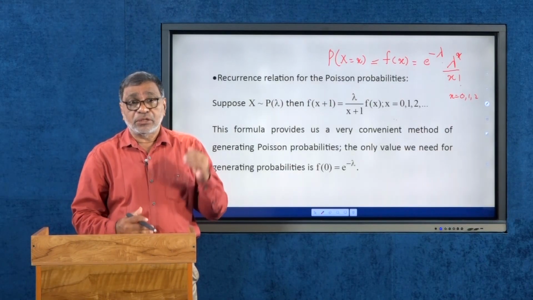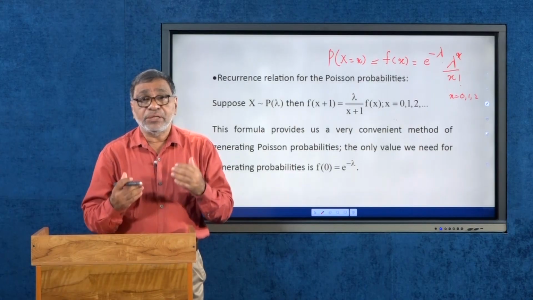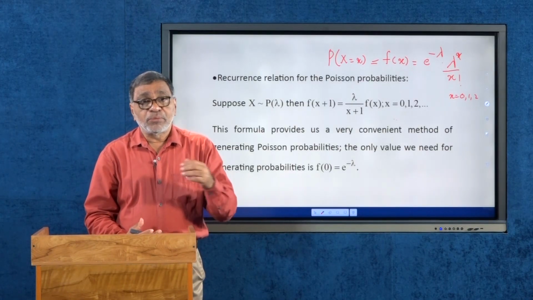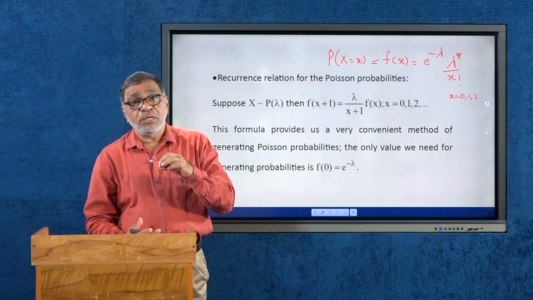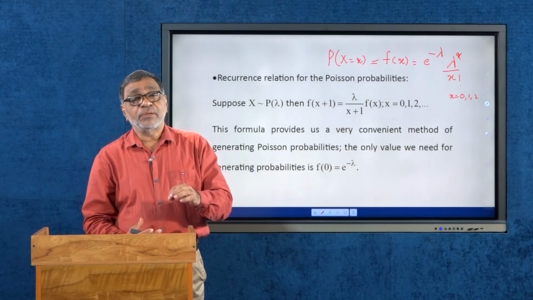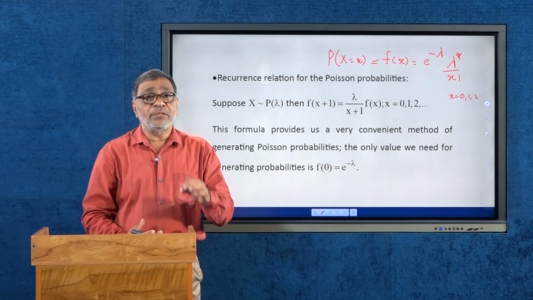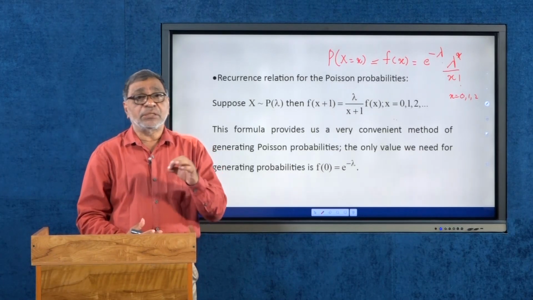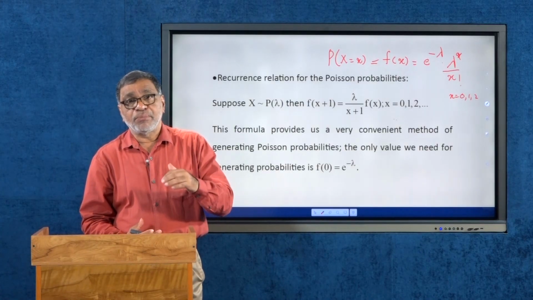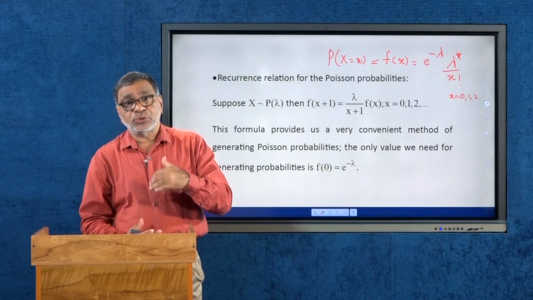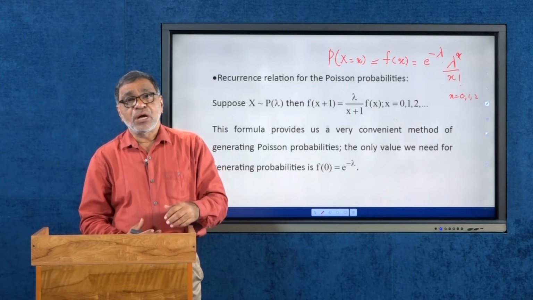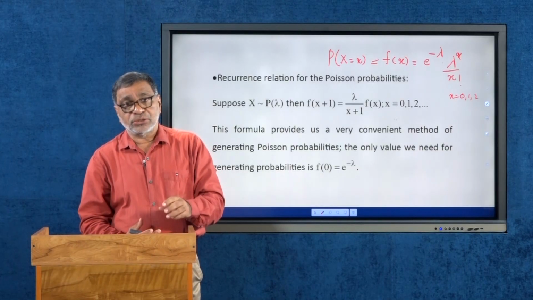So, the recurrence formula provides us a very convenient method of generating Poisson probabilities, and the only value we require for generating probabilities is knowing the value of lambda, and hence e power minus lambda, that is nothing but our f of 0. So, if f of 0 is available, all other f of x values f 1, f 2, f 3 etc. are obtained from this recurrence relation.